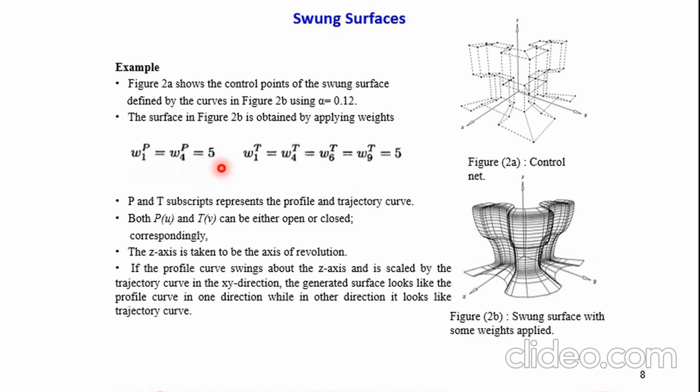These are the weights of the sunk surface, and the P and T subscripts represent the profile and trajectory curves.